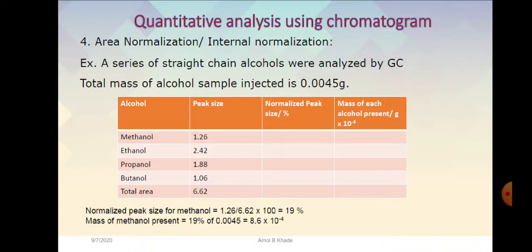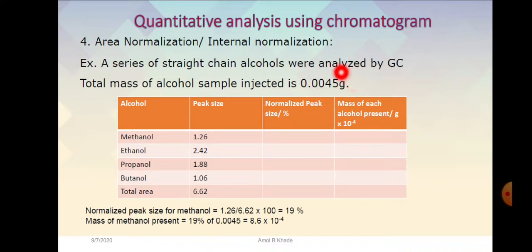We'll make it simple by taking an example. Let's say a series of straight chain alcohols were analyzed. We have taken 4 alcohols present in a mixture: methanol, ethanol, propanol and butanol. This straight chain alcohol mixture has been analyzed by gas chromatography, and the total mass of the sample which I have injected is 0.0045 gram.